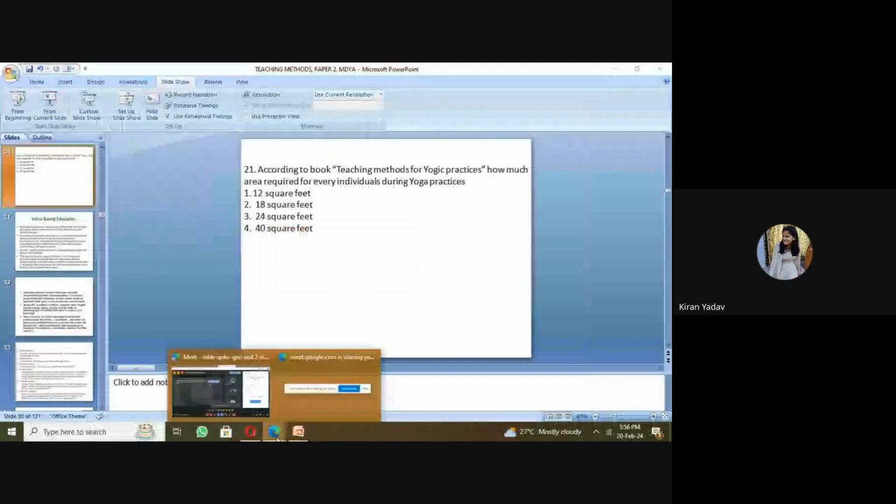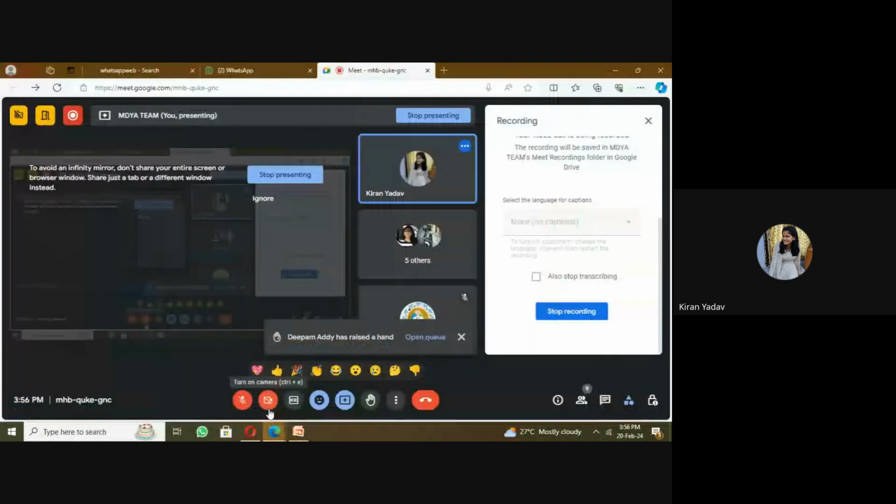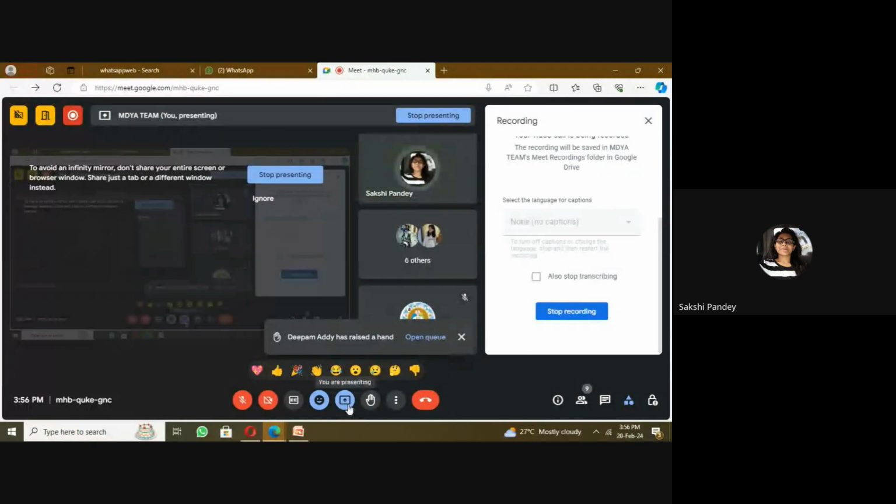And who will tell me about the yogic principles? Yoga is not only about asana, like doing extreme asanas and stretching and bending and everything.